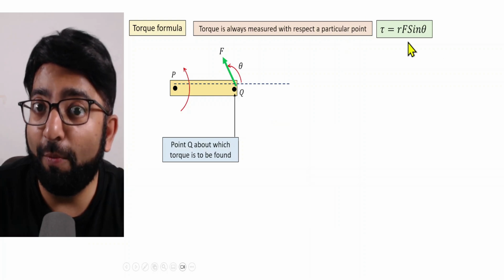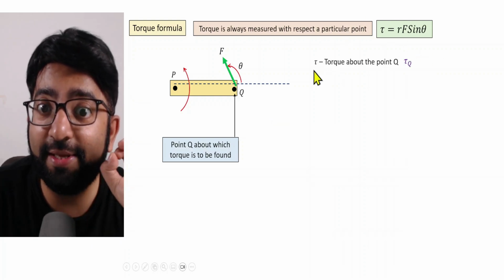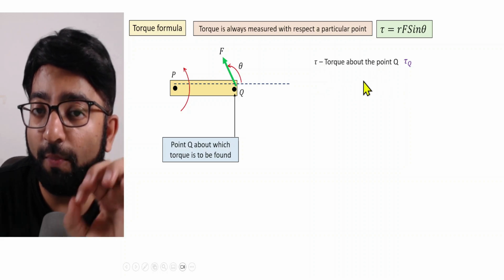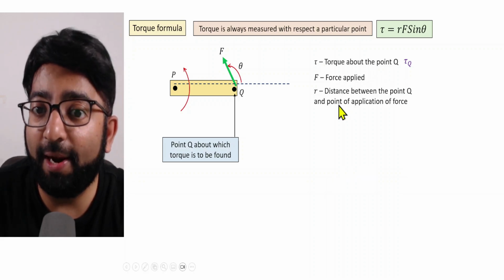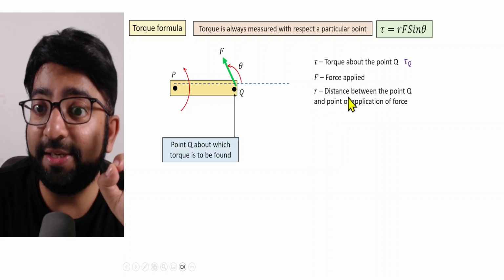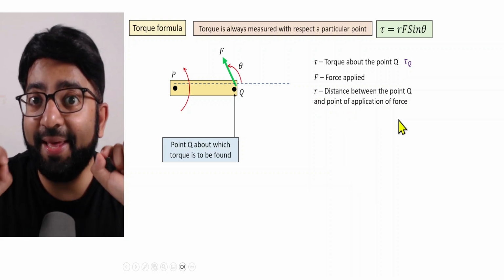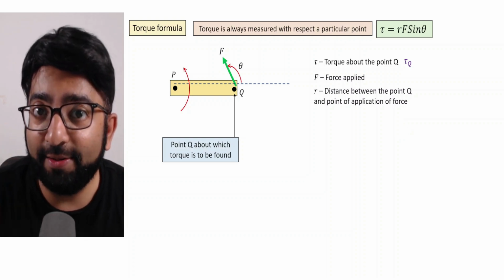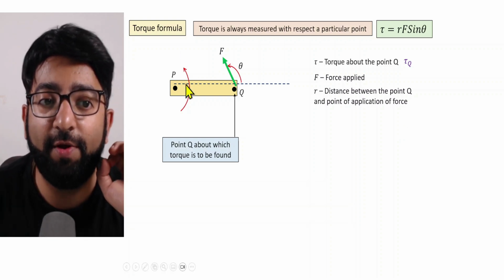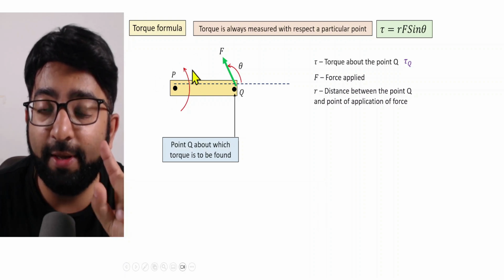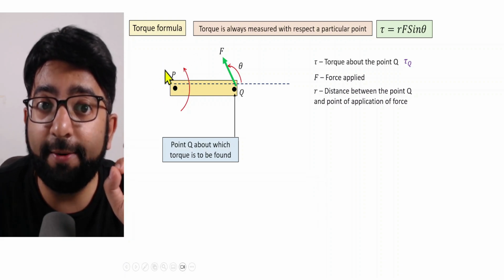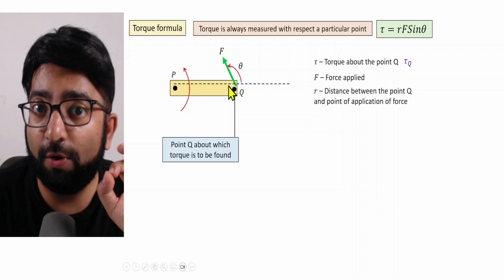So we go back to the formula: torque is R F sine theta. In this case, we are finding the torque about the point Q. F is the applied force and then R will be the distance between the point Q and the point of application of force. Please be very careful in understanding this logic. In the previous case, where we were finding the torque about point P, the distance was between the point P and the point of application of force.